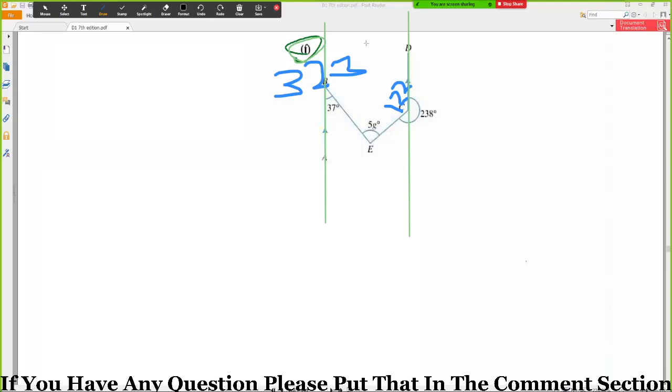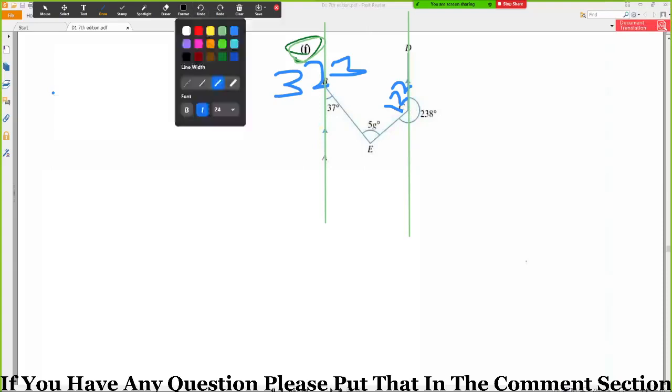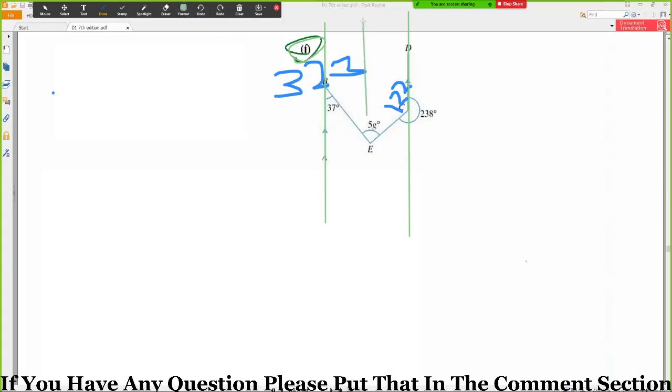So I can draw another parallel line over here. Okay, you can draw the extra parallel lines. So we have three parallel lines.